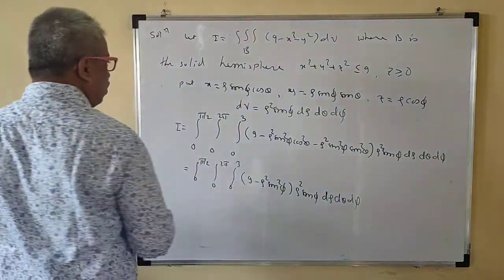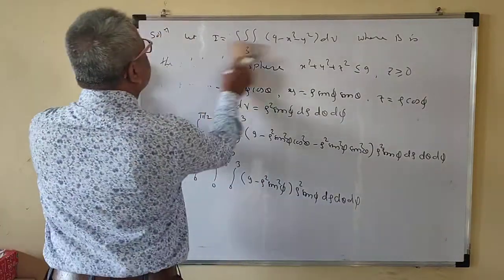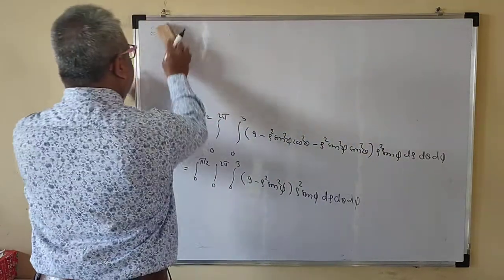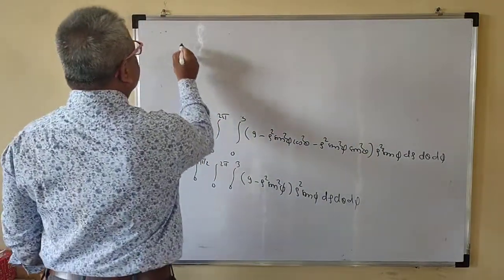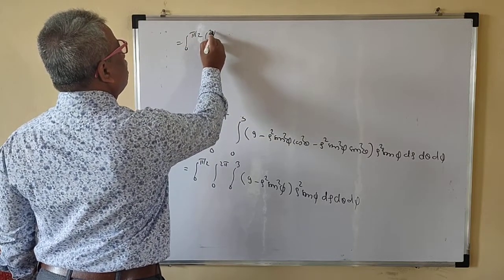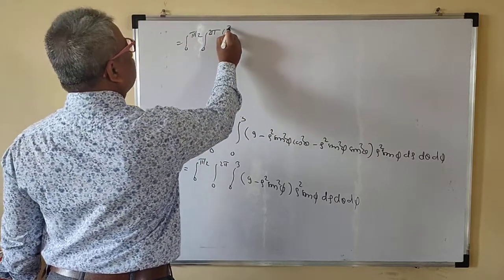Okay, so now we'll multiply by rho. So this is 0 to pi by 2, 0 to 2 pi, and 0 to 3.